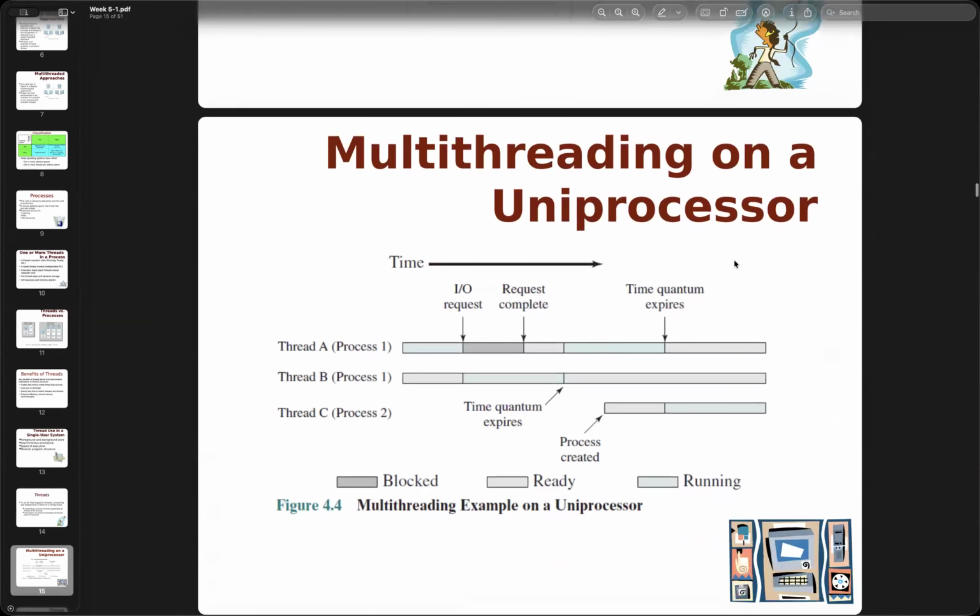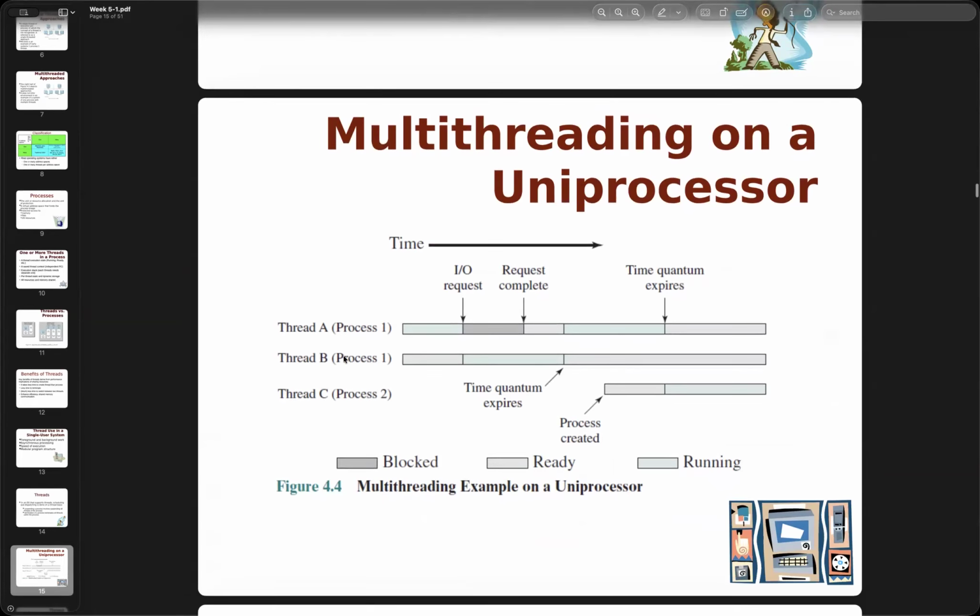When we look at multi-threading applied on a uniprocessor, how does it go? Let's say we have threads A, B, and thread C. A and B belong to process 1, and C belongs to process 2. As time goes on, we have the running state.